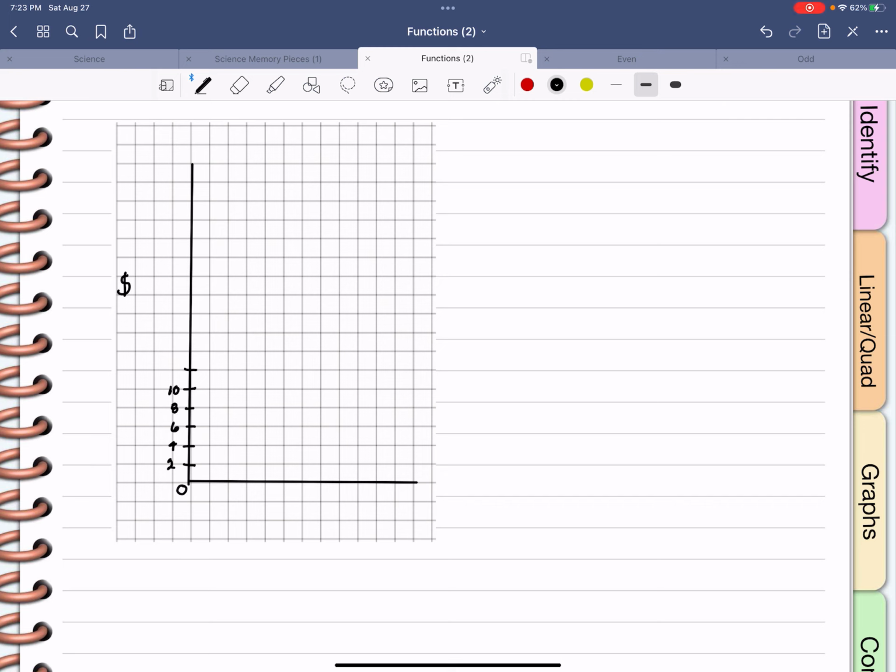We want to go all the way to 22. So I won't torment you with saying that, but I want you to draw this with me. You're scaling by 2. So every box on this axis is worth $2. And let's put one more on there. Now that could continue on to infinity in the positive direction.